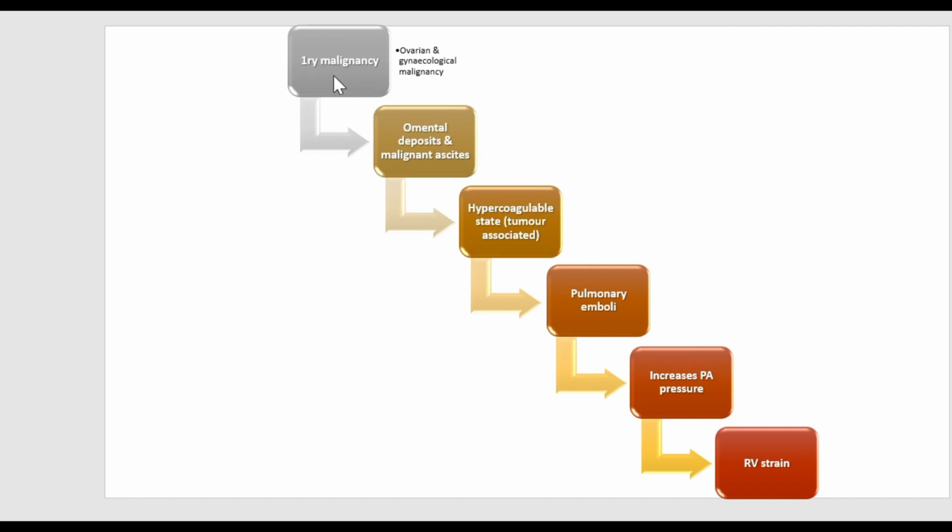Also, this primary malignancy is associated with a hypercoagulable state, which is tumor associated. This hypercoagulable state is the cause of the development of the pulmonary emboli. Then the pulmonary emboli is the cause of increased pulmonary artery pressure and the right ventricular strain.